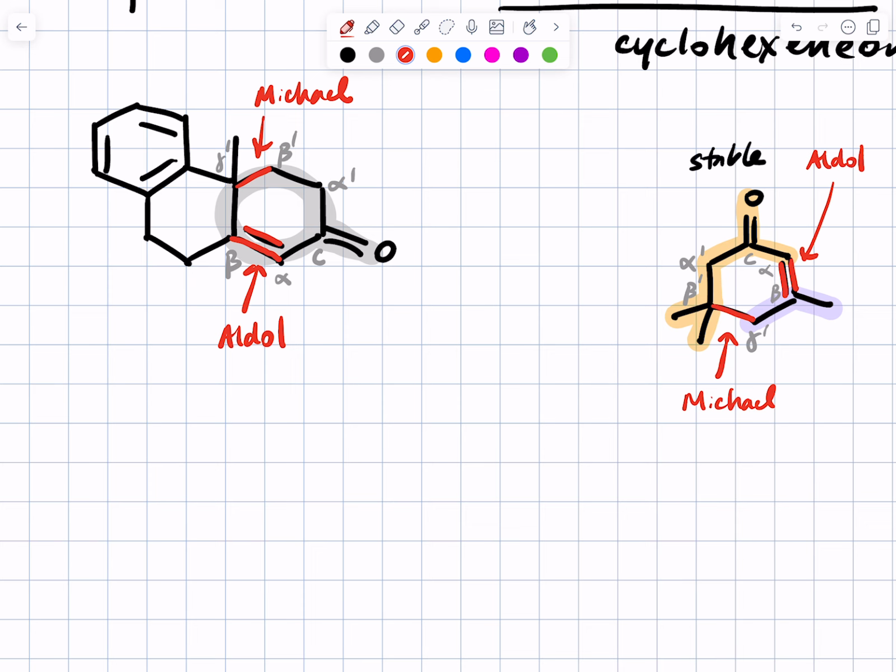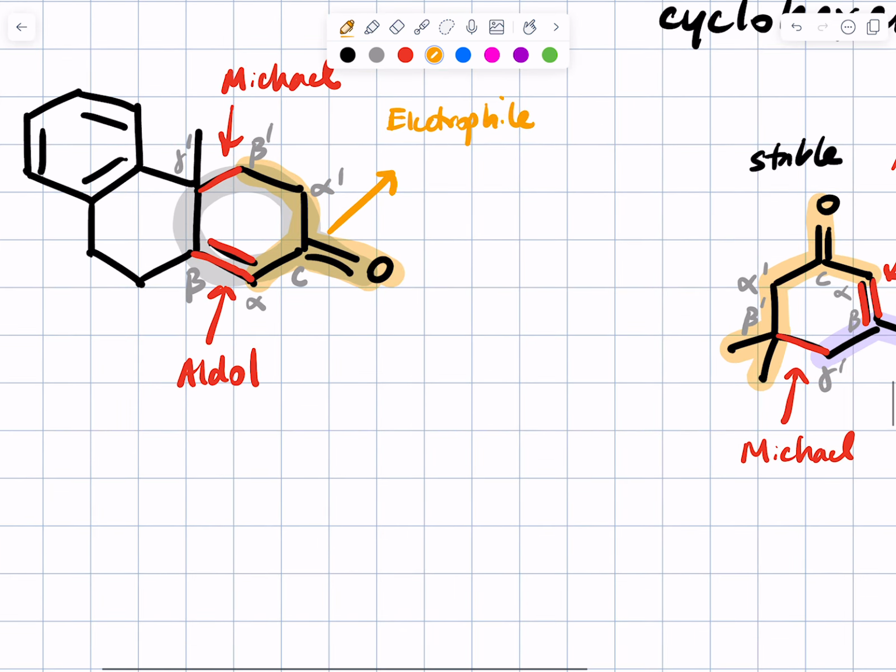Because once you've done that, you highlight this portion, and this portion was the electrophile in your starting material, which, as you recall, is originally going to be an alpha-beta unsaturated carbonyl compound.